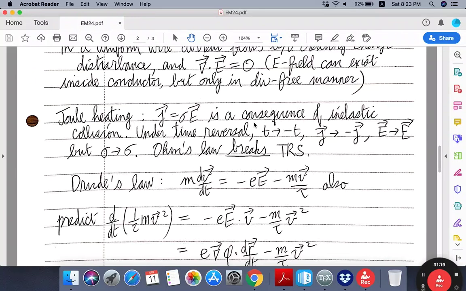But if you run it backwards, then the process seems to gain some energy. So the processes look quite different depending on which direction you choose to move the time on.